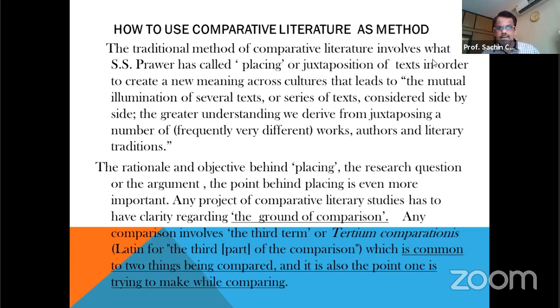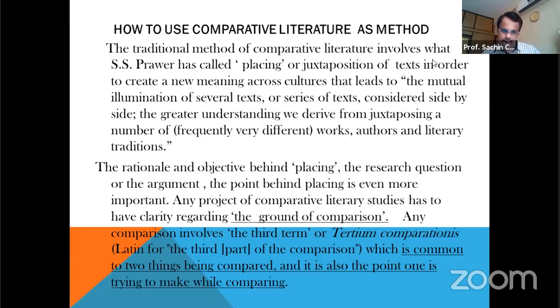The greater understanding we derive from juxtaposing a number of frequently very different works and authors and traditions. So by just placing two things together, there is a different kind of awareness that we are left with, a new kind of knowledge that placing two things together provides.